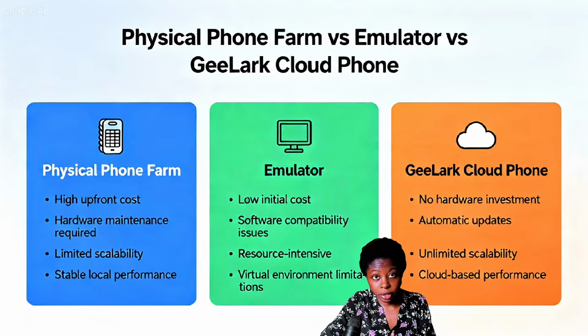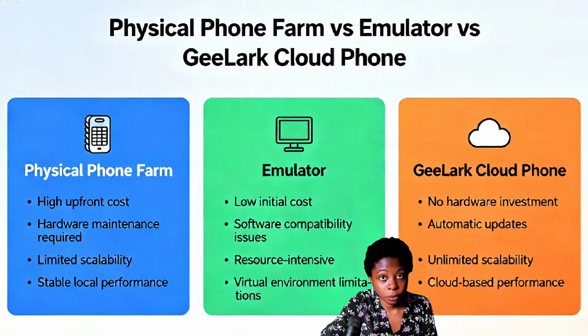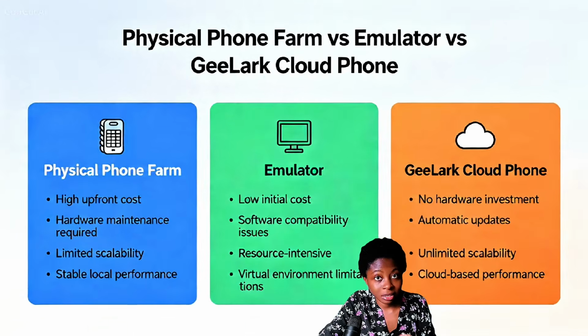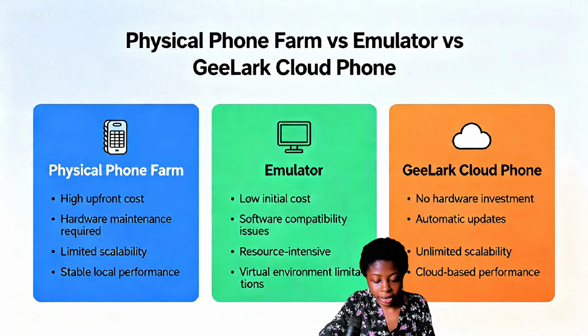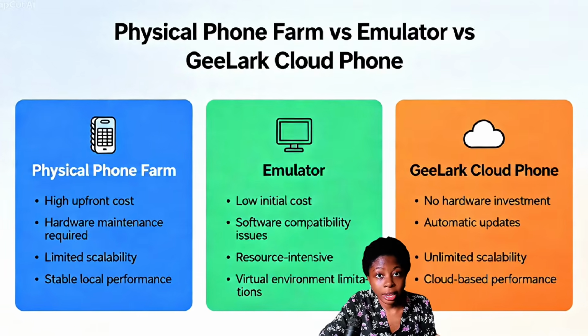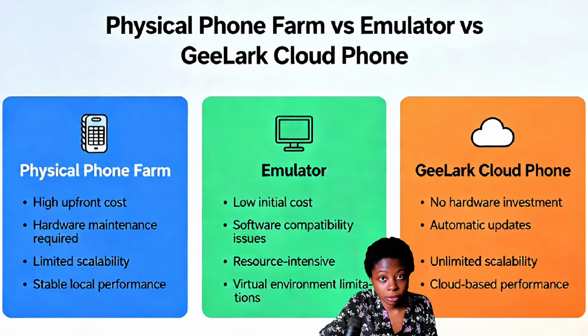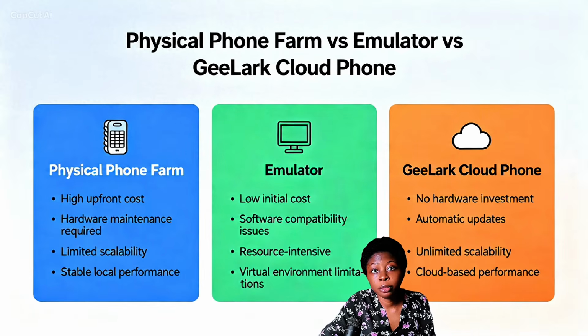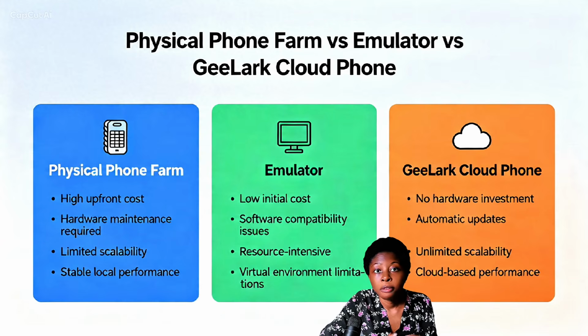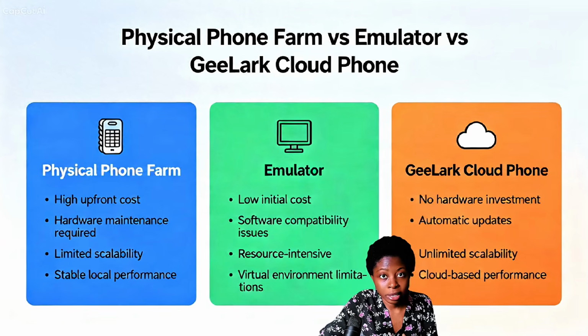GeeLark is different. These are ARM-based cloud phones, meaning they actually run natively like a real Android device, and each one has a randomized IMEI, MAC address, and OS version. All the hardware-level identifiers make a phone look and feel real to platforms, and they support GPS and SIM data simulation across 150 plus countries.